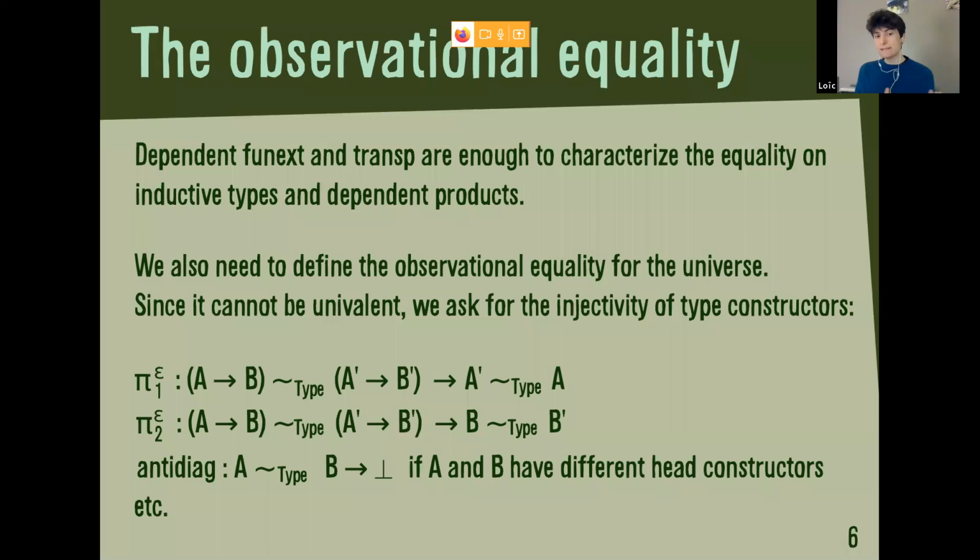But not only that, we also ask for injectivity of the dependent products. So if two function types are equal, then their codomains and their domains will be respectively equal.